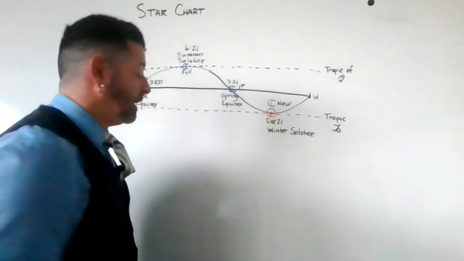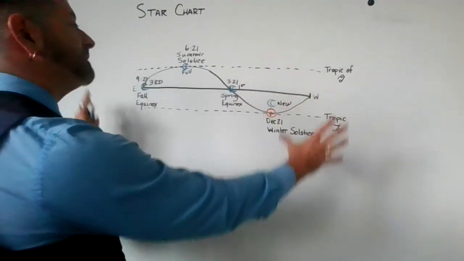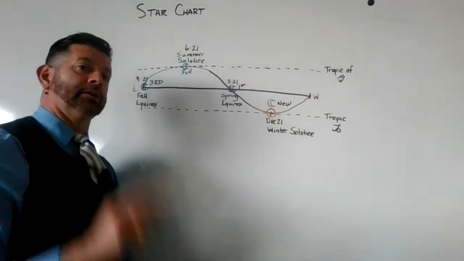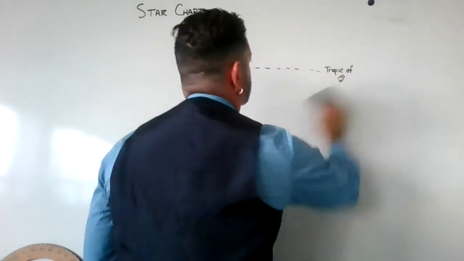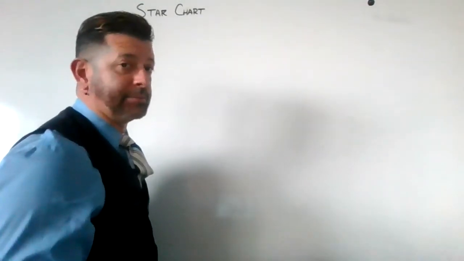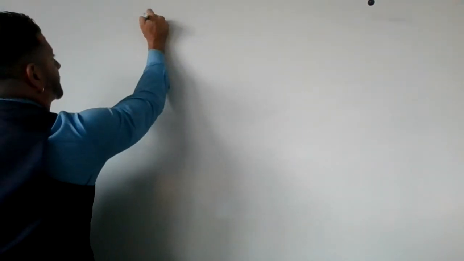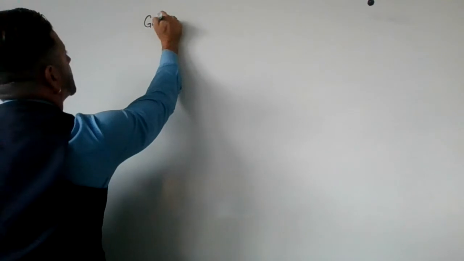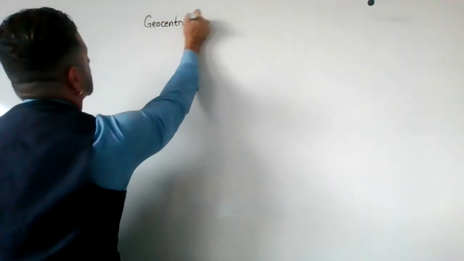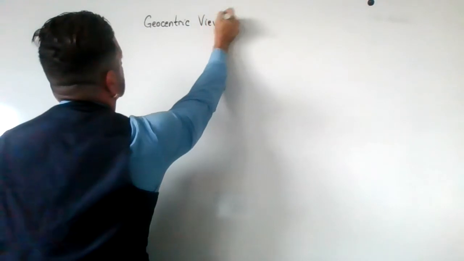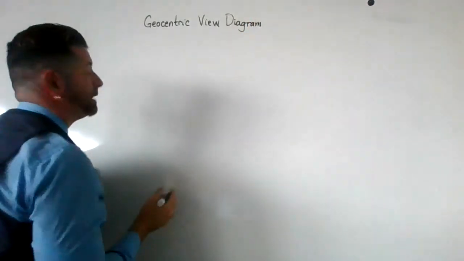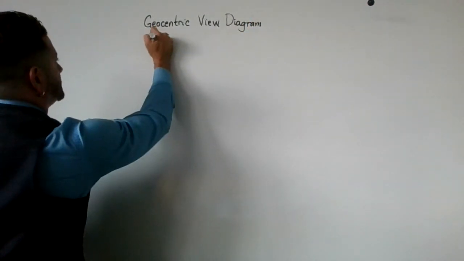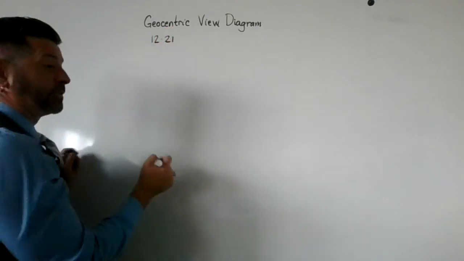Good. All right, now let's think about how we can take this information then and transfer it into a geocentric diagram. So if we were thinking about a geocentric diagram, we could again set it for December 21st, winter solstice.